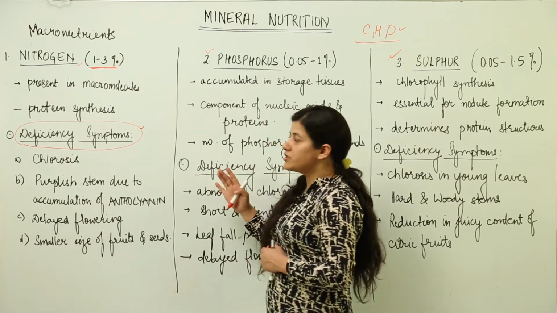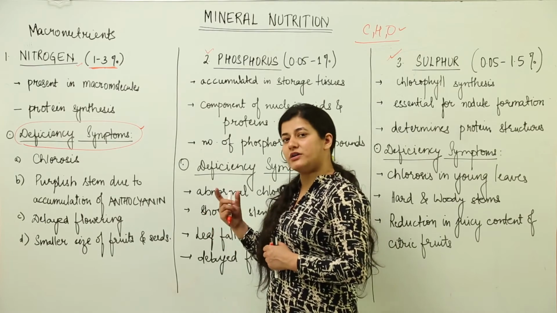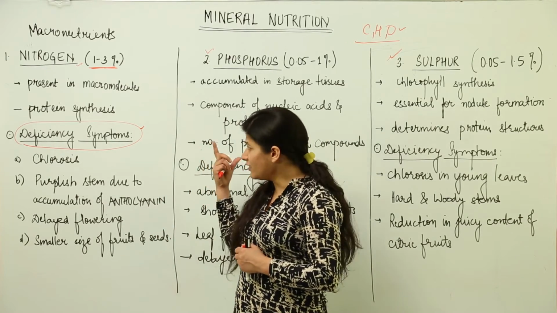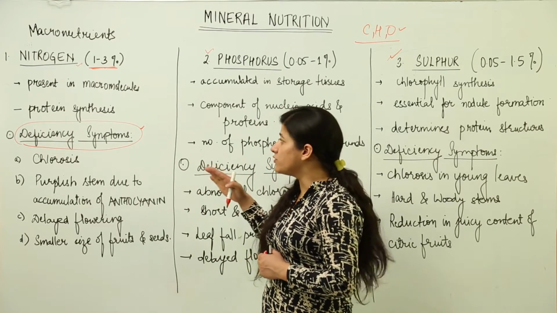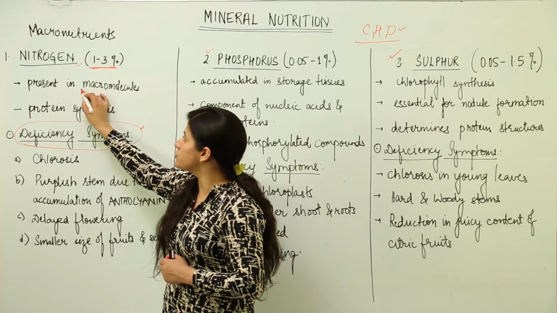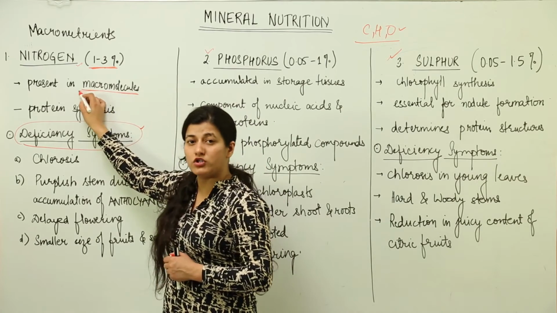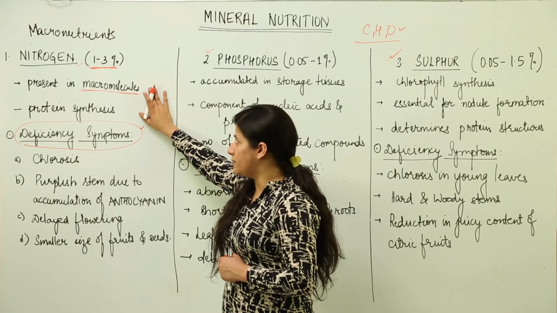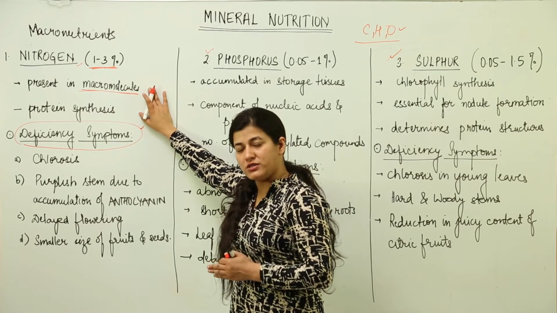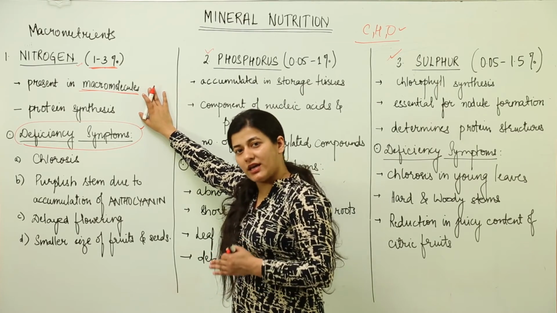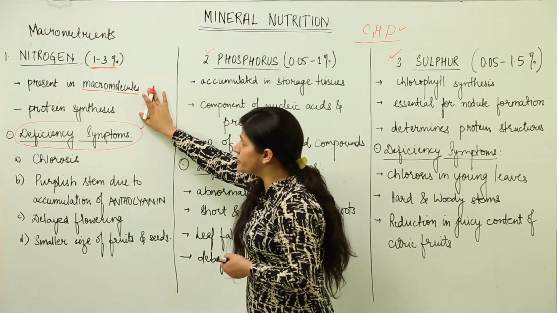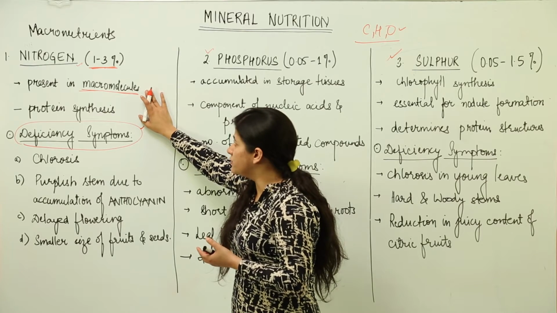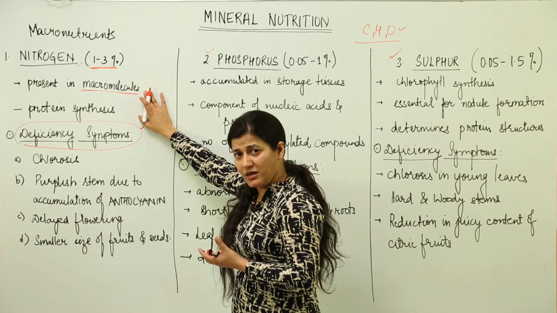Nitrogen is very important because it is part of amino acids, proteins and nitrogenous bases. So it is very crucial for the plant and it is present in almost all the macromolecules of biological importance for the growth of the plant, like proteins, nucleic acids or nucleoproteins, and other macromolecules like enzymes, which are very important.